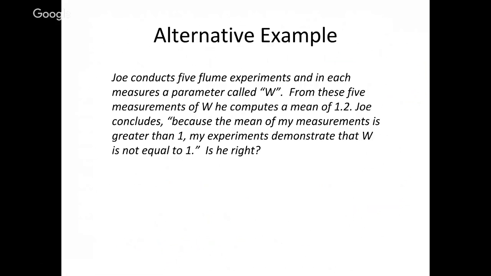The alternative example might be just like alternative facts, right? The alternative example might be a situation where he says, because the mean of my measurements is greater than 1, my experiments demonstrate that W is not equal to 1. So it's a slightly different kind of statement.